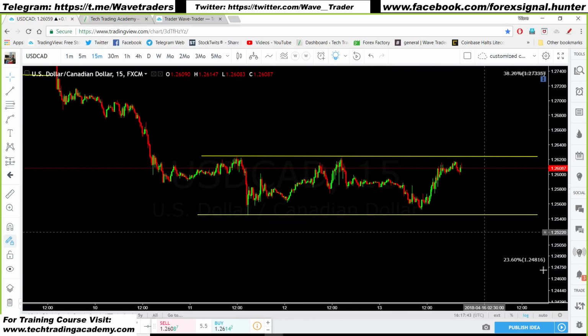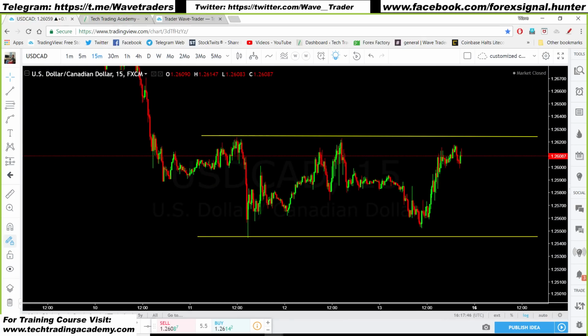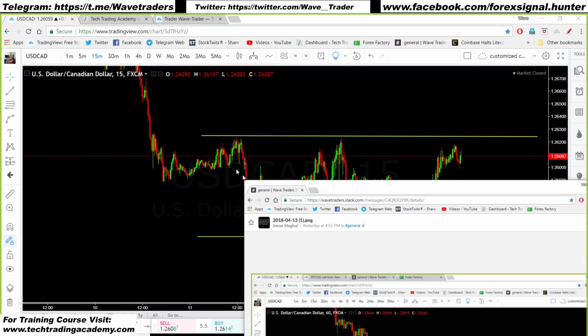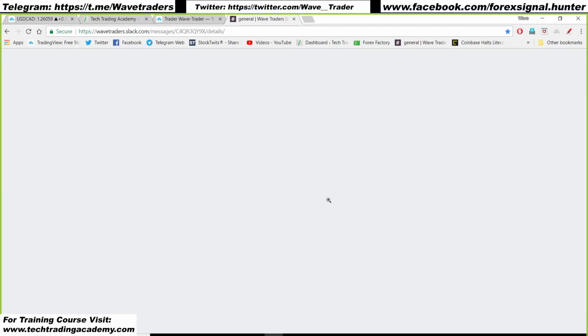So we were looking for this pattern in our room for a short term buy for upside, and then we were looking for it to hit the top and give us a reversal.